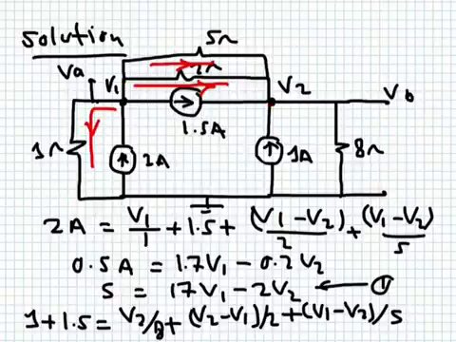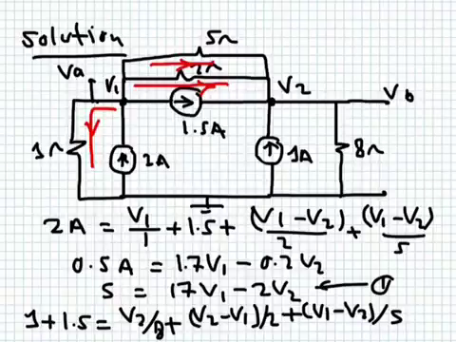What remains is simply to collect all the coefficients of V1 and V2 and put them together. So 1.5 minus 2 and minus 1.5 will give you 0.5. You have here V1, you have half, so 1.5 V1, and then you have another 0.2, you get 1.7 V1. You get here minus half V2, and another term related to 0.2. So let me correct this one here. I have two terms having V2.